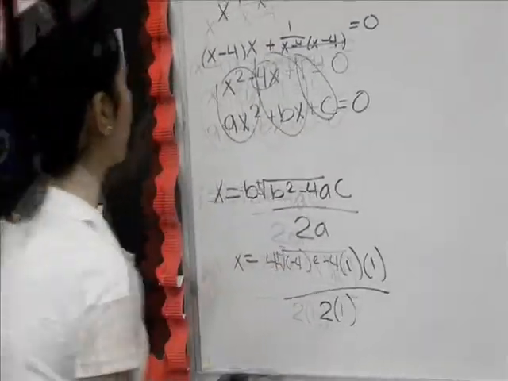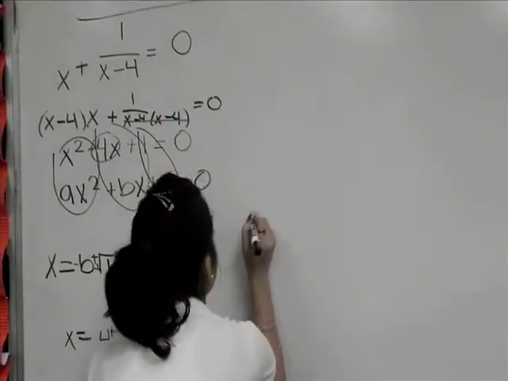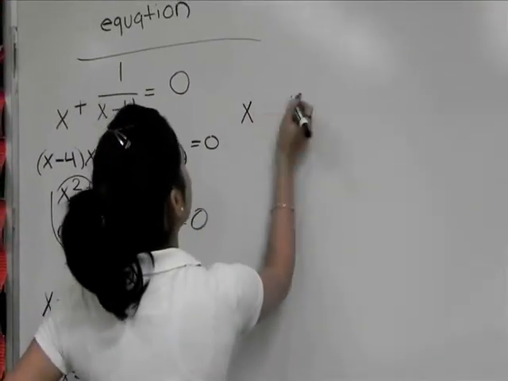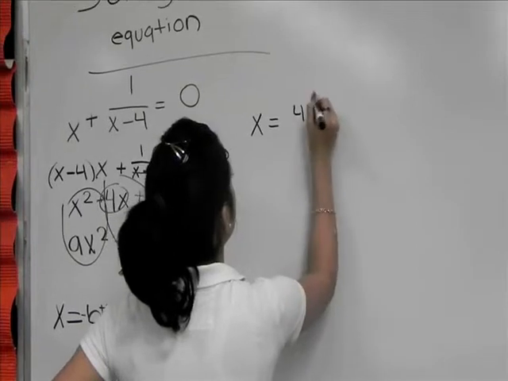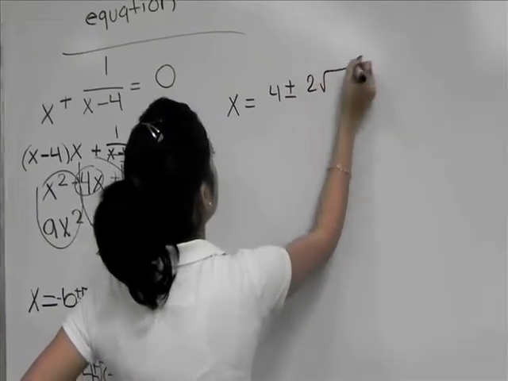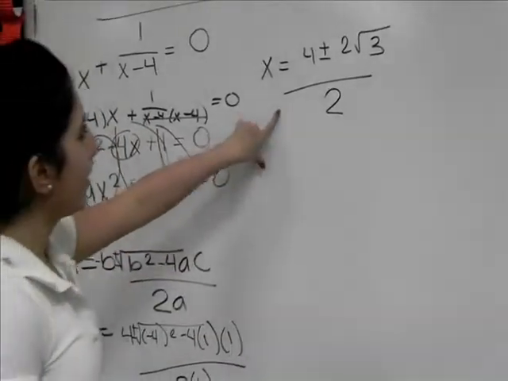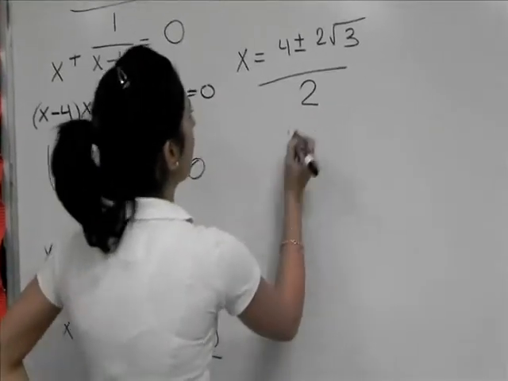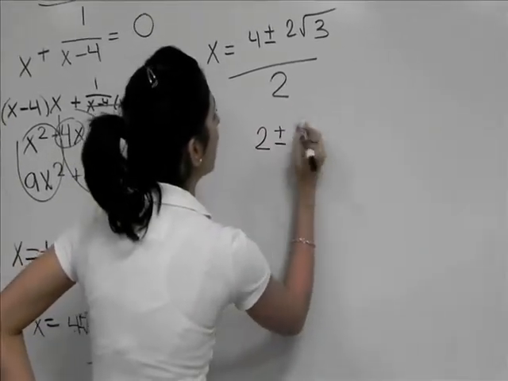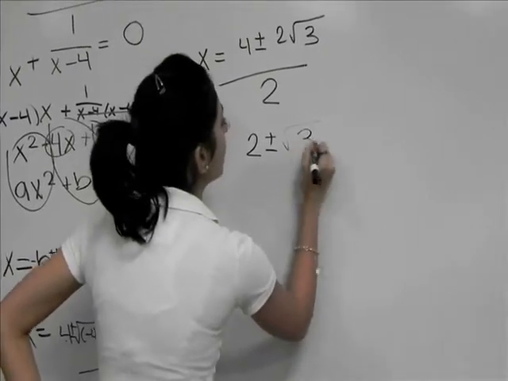You simplify the quadratic formula, which will give you x equals... you can still simplify it. So it's 2 plus or minus the square root of 3.